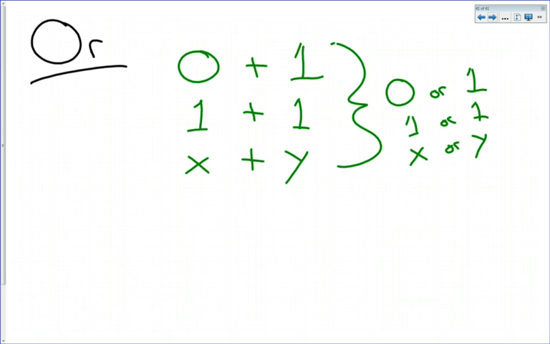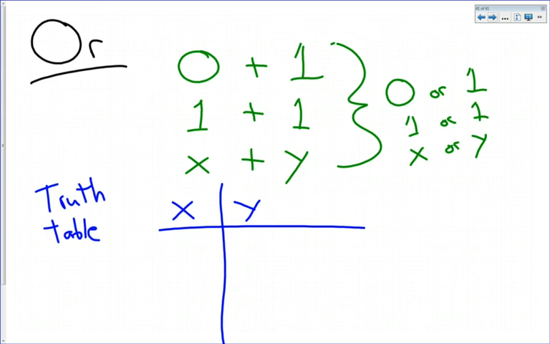Now this will make more sense once we start writing it out in a truth table. So let's do that. So the truth of this is, okay, if we have x and y, all the combinations, let's write this a little quicker this time, 0 0, 0 1, 1 0, 1 1, or the first 4 binary numbers.